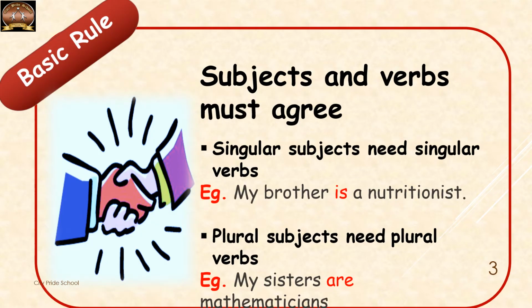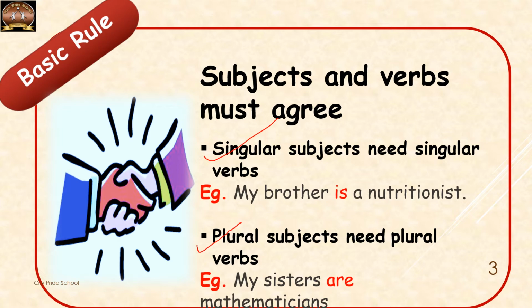One rule to remember throughout this topic is that subjects and verbs must agree. What does this mean? It means that a singular subject will always be followed by a singular verb, and a plural subject will always take a plural verb. This is the thumb rule.